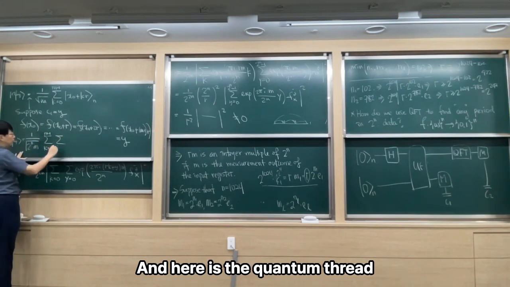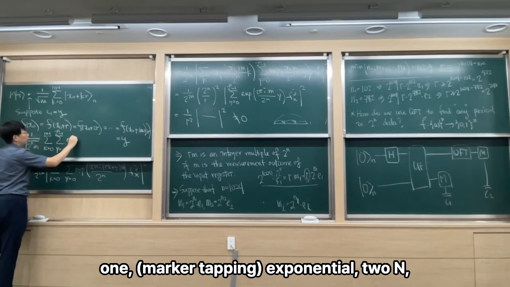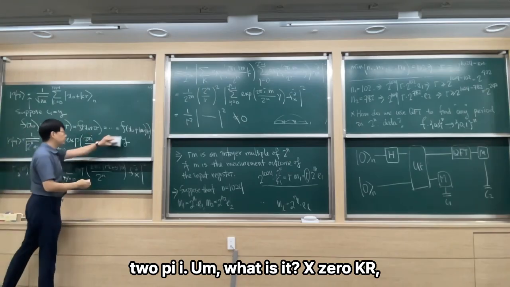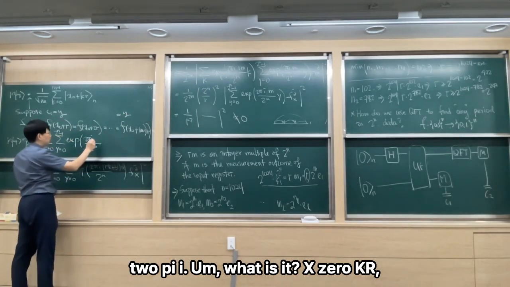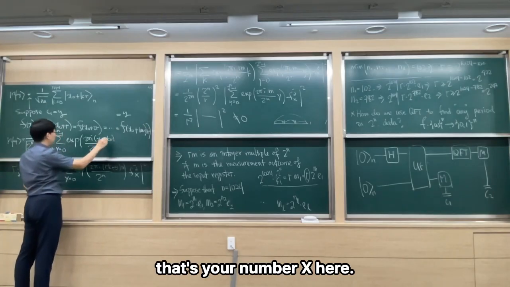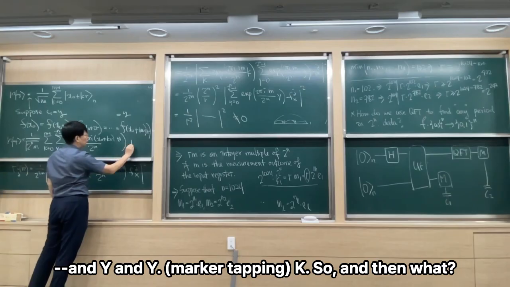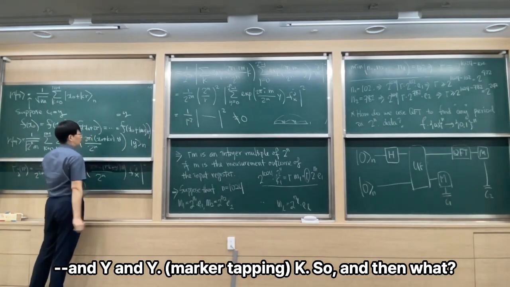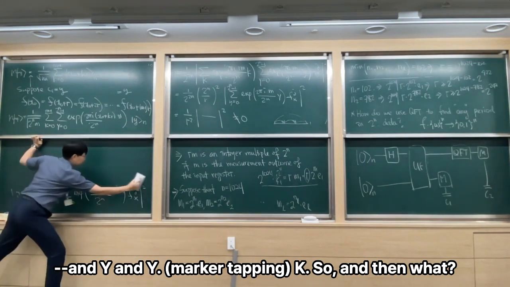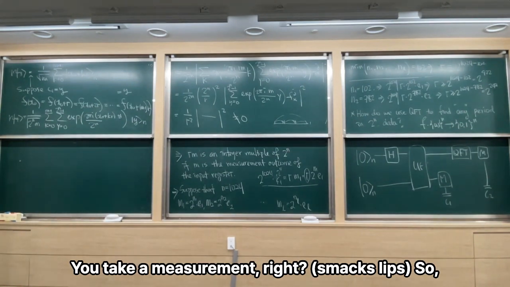And here is the quantum Fourier transform part: y from 0 to 2^n minus 1, exponential of 2 pi i over 2^n times x, where x is x0 plus kr, and y. Okay. And then what? You take a measurement, right?